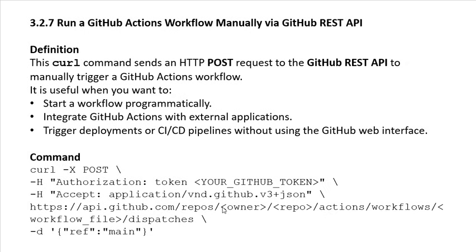api.github.com/repos, repos being short for repositories, then /<owner>, giving the owner's name between the angle brackets, then /<repo>, meaning you write the repository name, then /actions/workflows/<workflow-file-name>, where you write the workflow file name, then /dispatches and a backslash, and then -d and single quotes, and curly braces with double quotes inside: "ref" meaning reference, a colon, and inside double quotes "main", the branch name, then closing curly braces and single quotes.